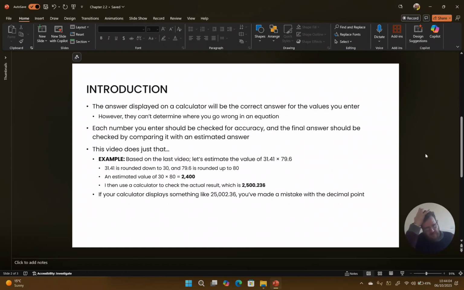But of course, if your calculator displays something like 25,002.36, you've made a mistake with the decimal point. So without further ado, let's get solving.